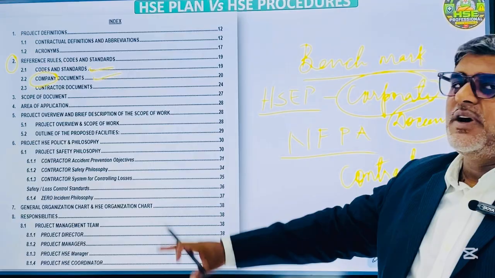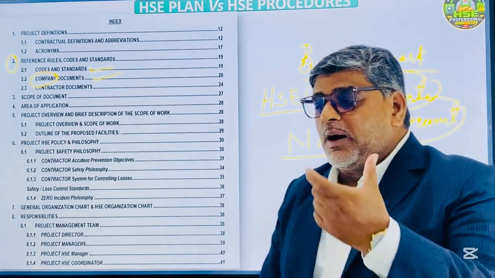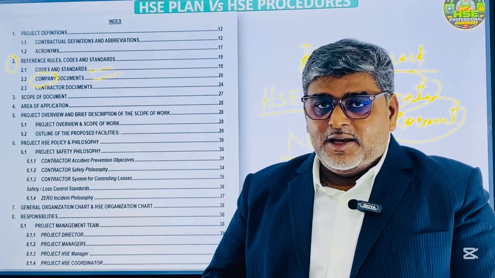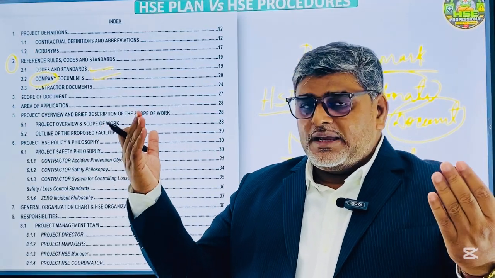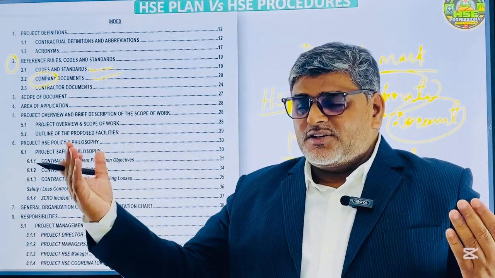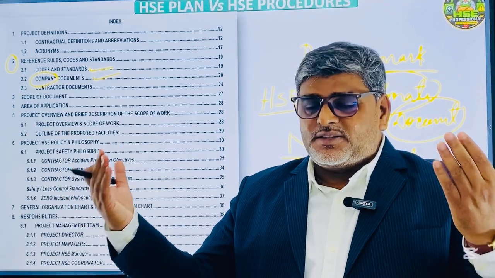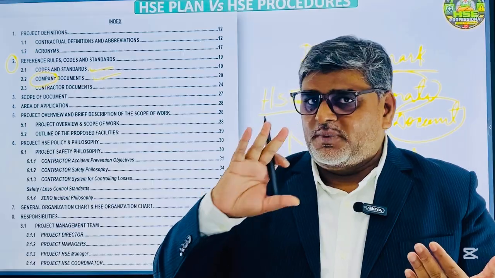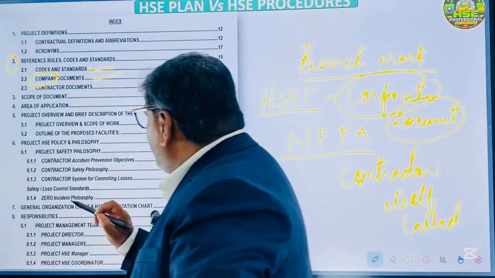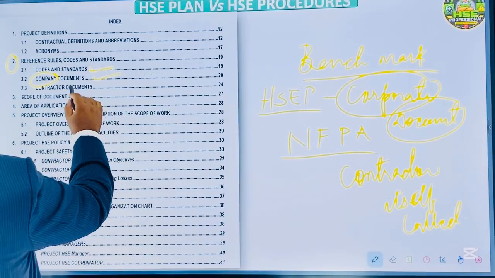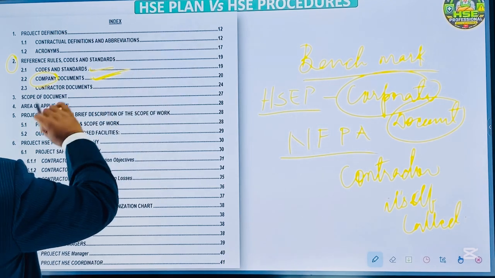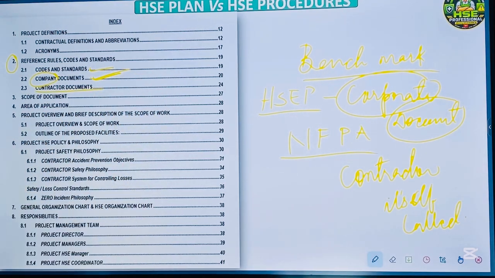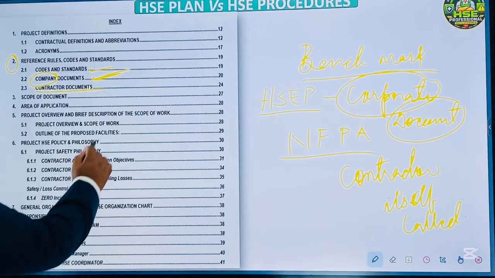You can give the reference if the client has no objection, but you cannot go into detail, because if it contradicts the client documents, you have to give preference to the client document. Is that clear? Yeah.